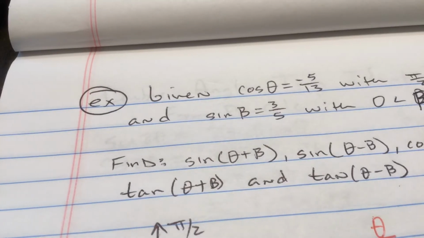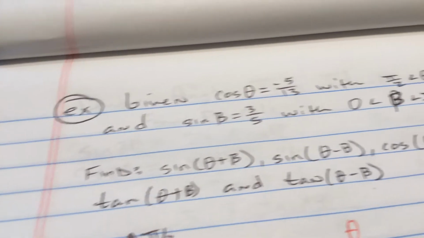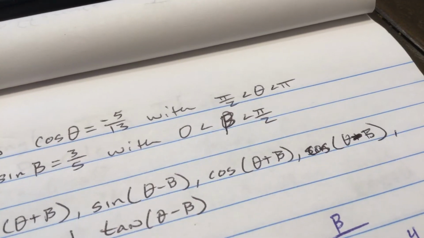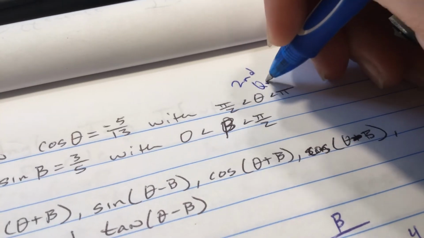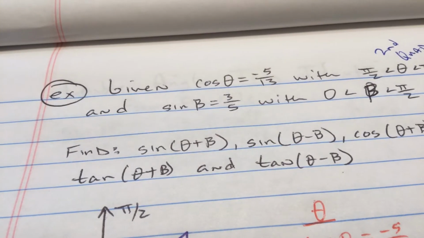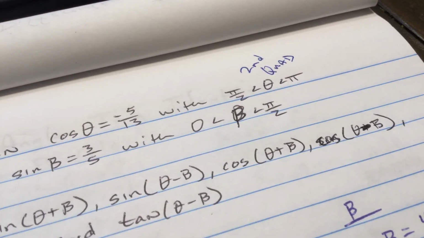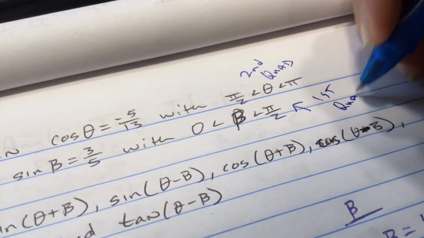Here is where I would do a lot. So given cosine, okay, write this down. This is a great example. Given cosine of theta is negative 5 over 13 with theta in the second quadrant, and sine of beta is 3/5 with beta in the first quadrant.